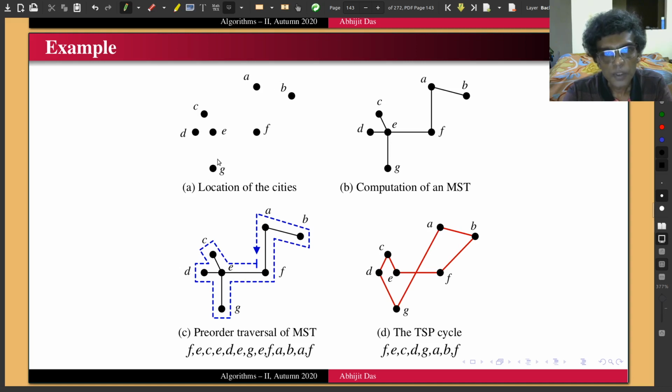So compute all these pairs of costs, and with respect to these costs, I compute, let's say this is the minimum spanning tree. Okay. Now in this example, I start from any arbitrary vertex, so I start from F.